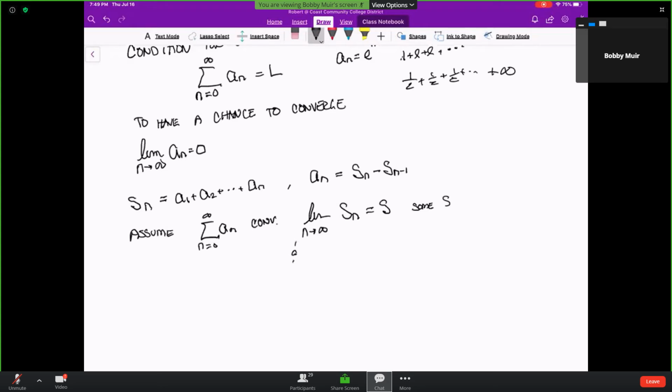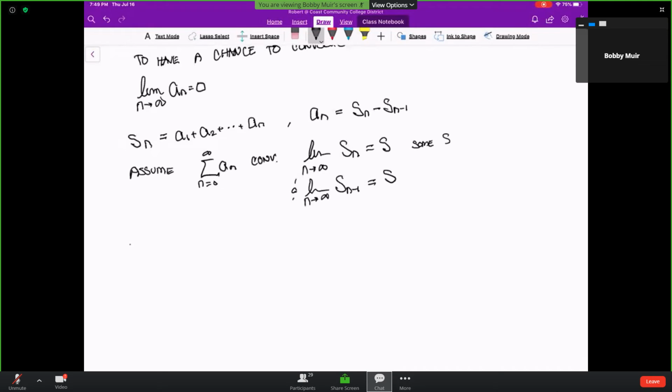And what would you think about the limit as n tends to infinity of S_(n-1)? Well, it's just 1 behind this guy, but we're going to infinity, right? So it's still going to be s. So the thing that we were interested in was what happens as n tends to infinity of this a_n stuff.